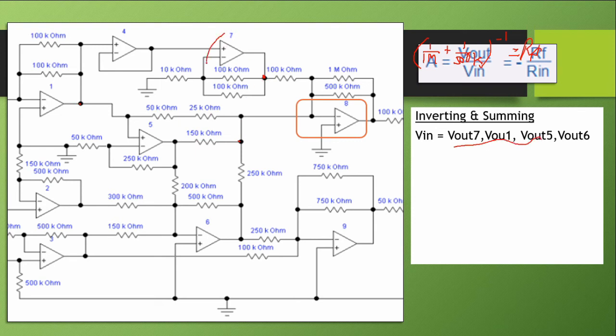Because we have this loop here, and then from 6. So 7, 1, 5, 6.